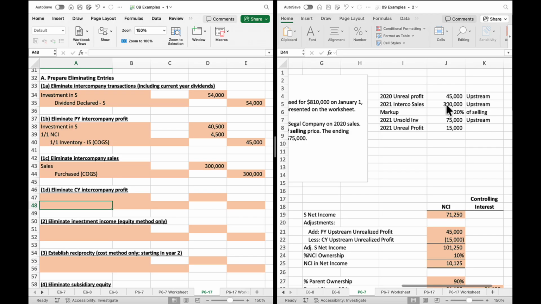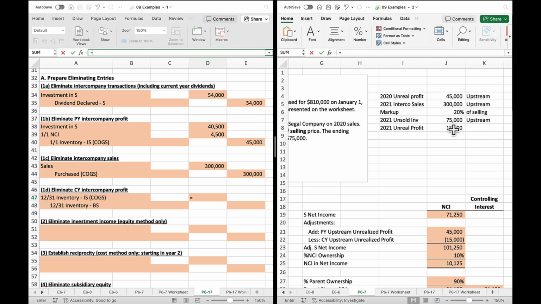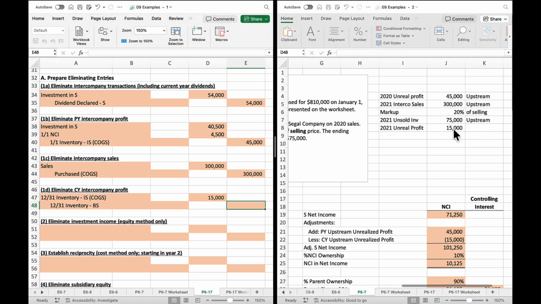Every single time, we're going to write down inventory on our balance sheet and also where it appears on our income statement in that calculation of cost of goods sold. And the amount is going to be that unrealized profit, the amount that it was marked up when it moved from our subsidiary's inventory to our parent's inventory.